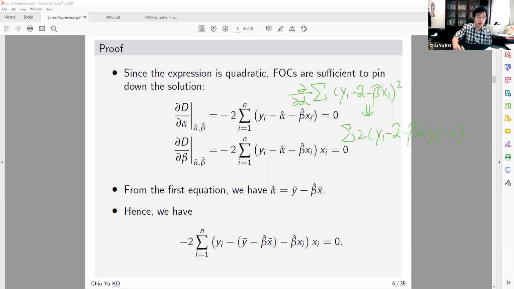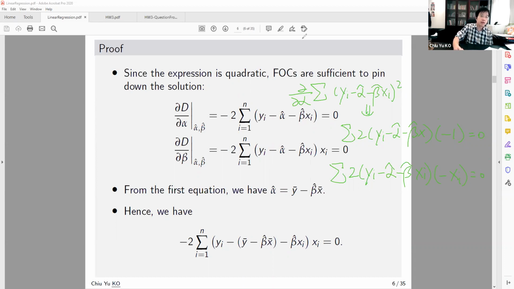For those who don't know calculus, fine, you can forget about it. The same idea applies when you differentiate with respect to beta: you will have 2 according to the chain rule, and then differentiating with respect to beta gives negative xi. When you set these to 0, that's how we get these 2 equations.